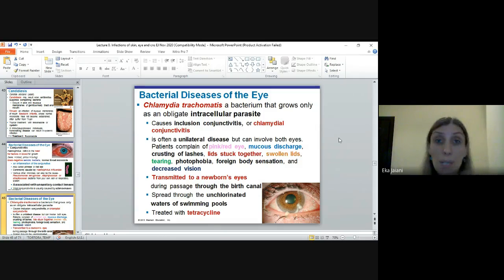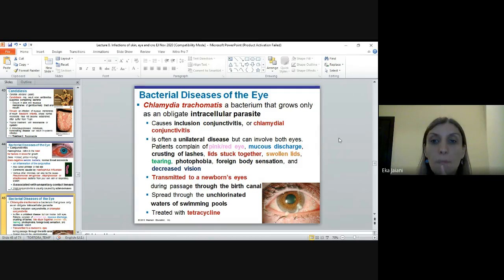Other bacteria can also be intracellular, not only chlamydia. Salmonella, for example, and many others. But chlamydia are very small and cannot synthesize their own energy, the ATP, so they depend on cells. That's why they are obligate intracellular parasites. Similar to viruses, they should go inside cells to grow and then cause damage.